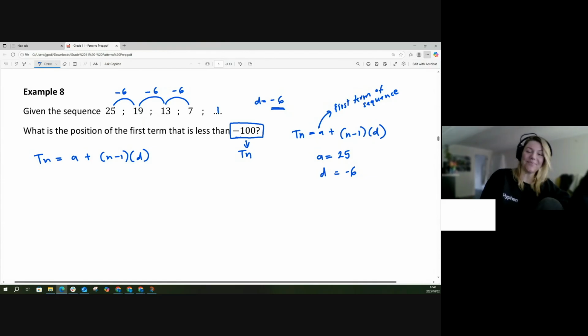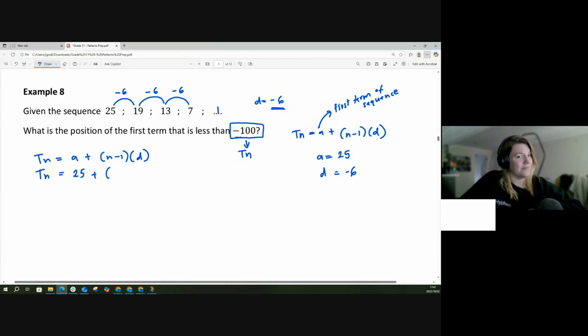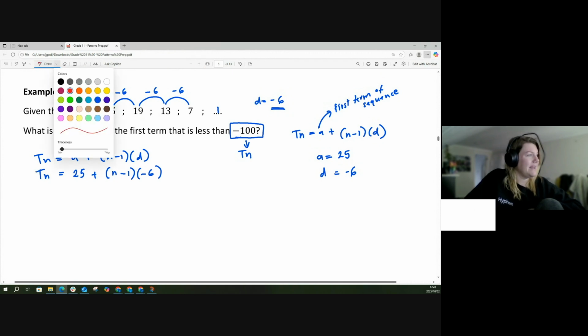Okay, let's have a look. Let's first work out our general formula or our general rule. Tn is equal to 25 plus n minus 1 times negative 6. And now remember, we're going to multiply that negative 6 into both of those.